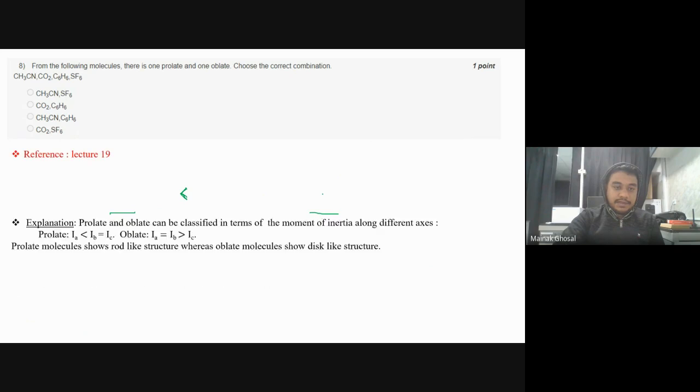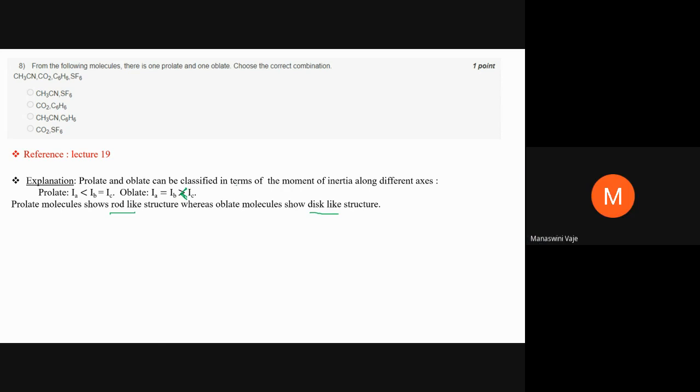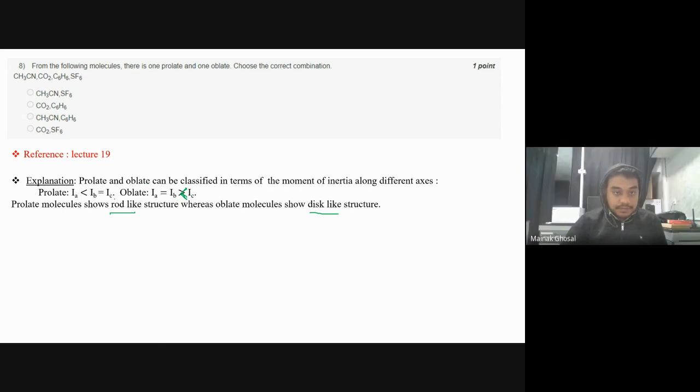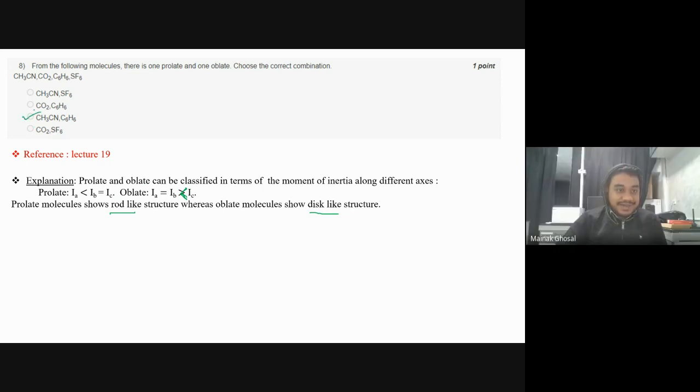Now I am going back to the main question. It was discussed which pair you have to choose as the correct combination. One prolate and one oblate. I am seeing more than one option is correct, so you have to choose which are correct. Third option. Why not the second option? Yes, the second one is also correct.